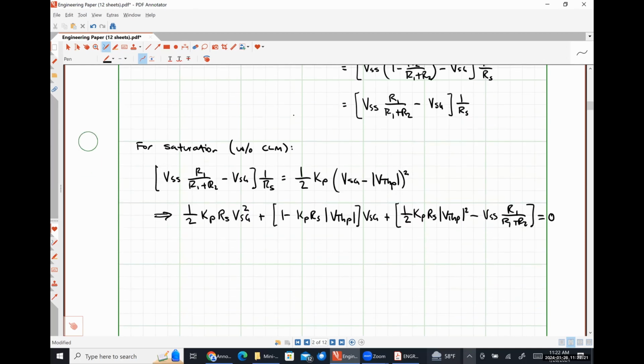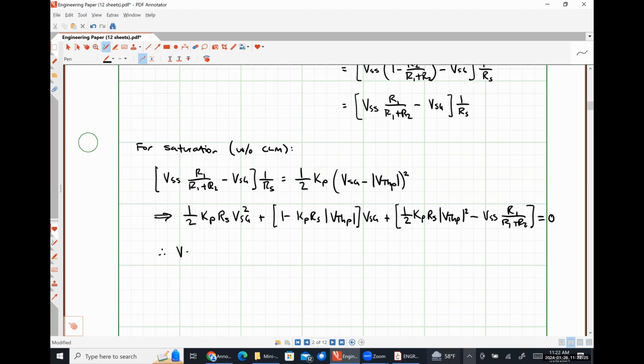So our correct solution for VSG is going to be VTH minus 1 over KPRS plus the square root of (1 over KPRS) quantity squared plus 2 over KPRS times VSS R1 over R1 plus R2 minus the absolute value of VTH.